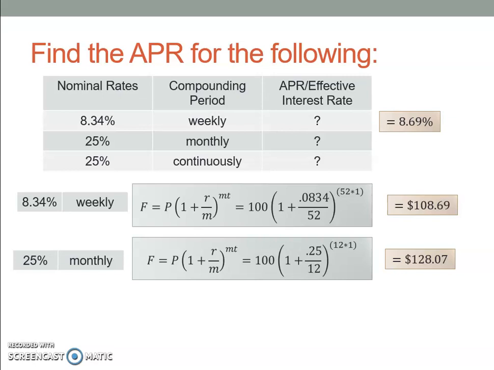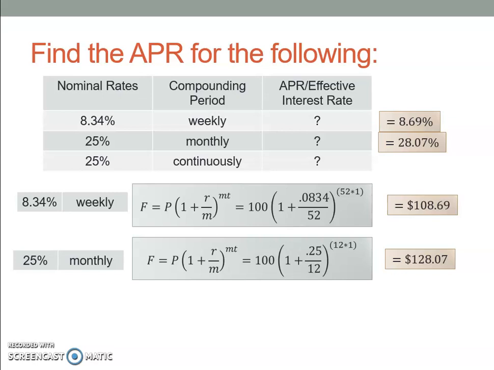So from $100, it will become $128.07. I made an extra $28.07, and that's my APR, but instead of $1, I will just replace it by a percent symbol. So 28.07%. As you can see, as the interest rate goes higher, the APR also goes higher. From 25%, you're actually going to receive 28.07% if it's compounded monthly.